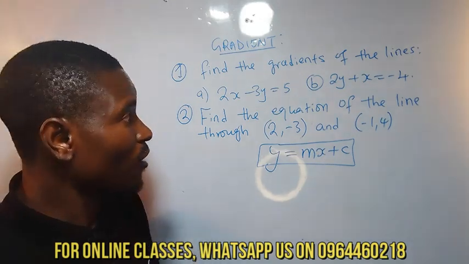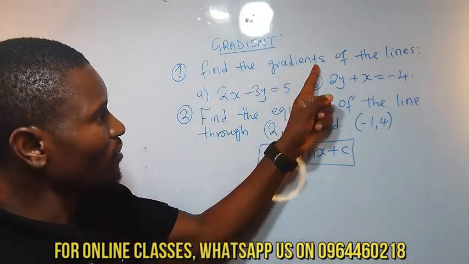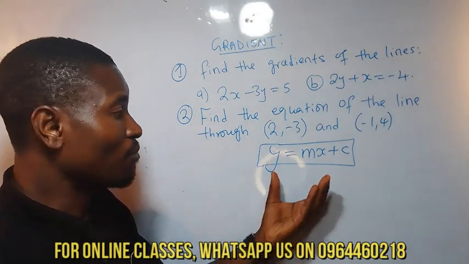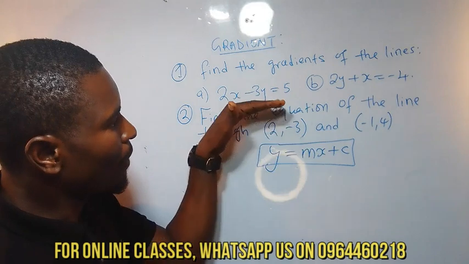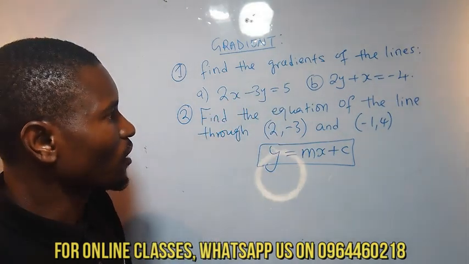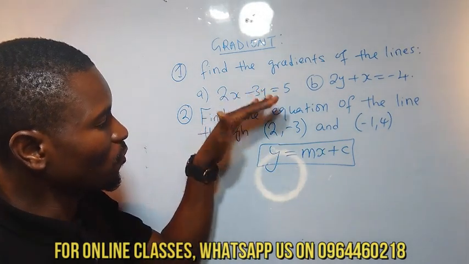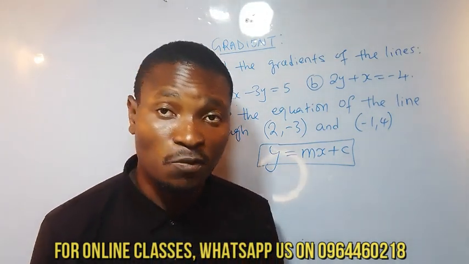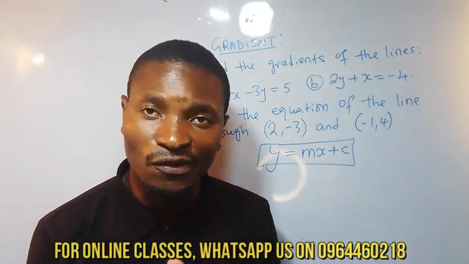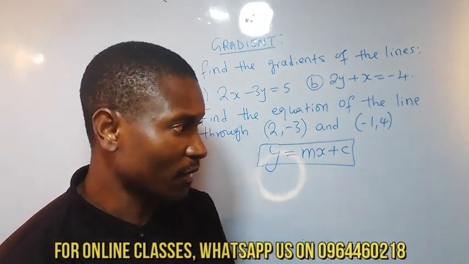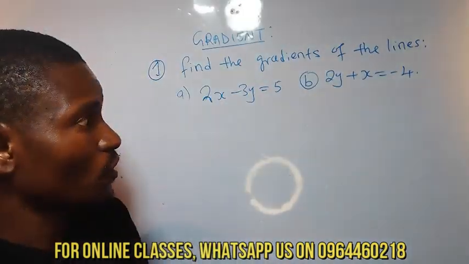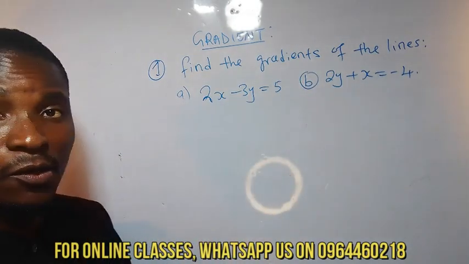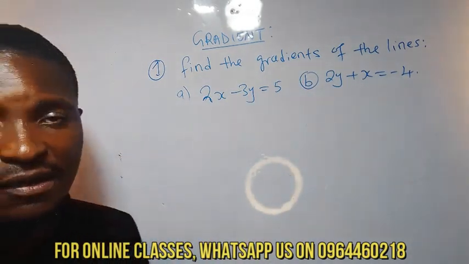Now for us to find the gradients of these lines, all we have to do is make sure that we map this equation to the original equation. And the way you do it is just by making y the subject of the formula, as simple as that.